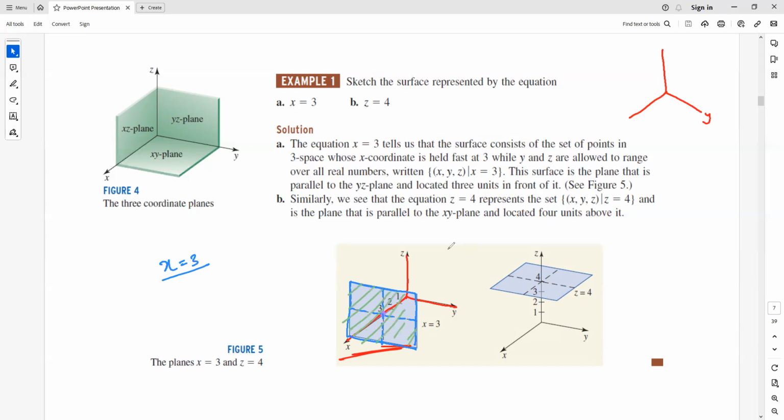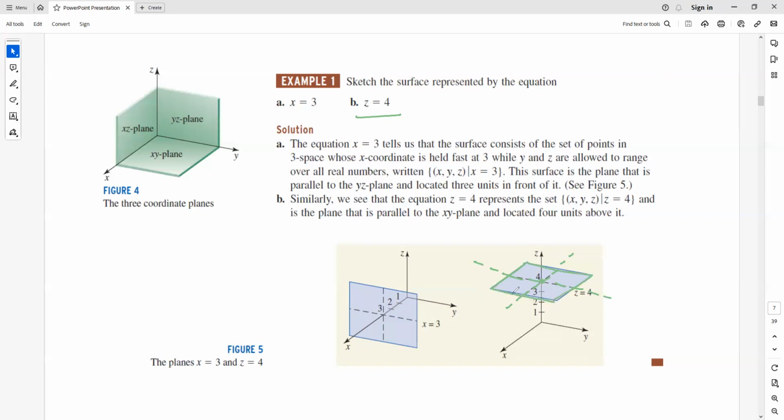And similarly, if we want to draw z equals 4, then what we are going to do is fix a point at z equals 4 and then extend it in the x and y directions. So this will be extended in the x and y directions, and therefore we are going to get a plane again. It's infinitely extended in both directions, so we have a plane like this.